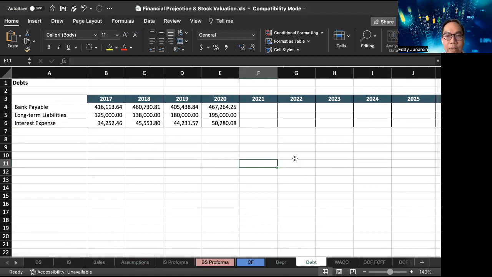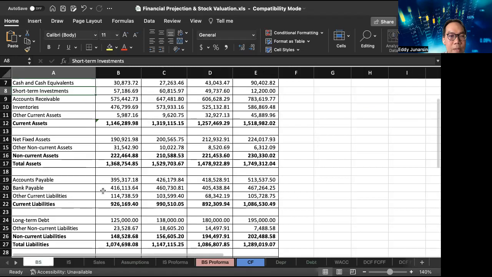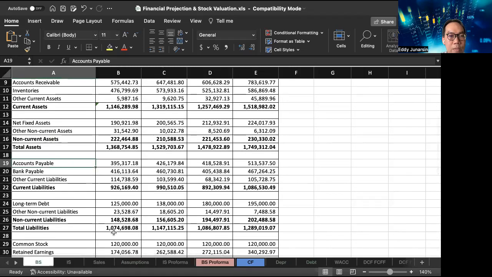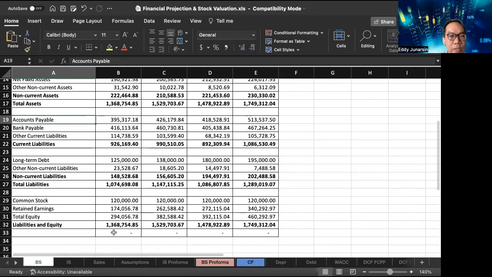Okay, so the other sheet that we have to complete separately is debt, the sheet for the company debts or liabilities, long-term liabilities. So we figure out from the historical balance sheet that there are only two items that are interest bearing: bank payable and long-term debt.